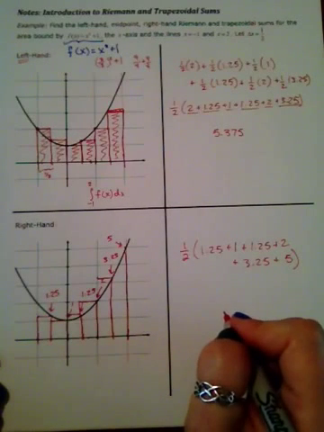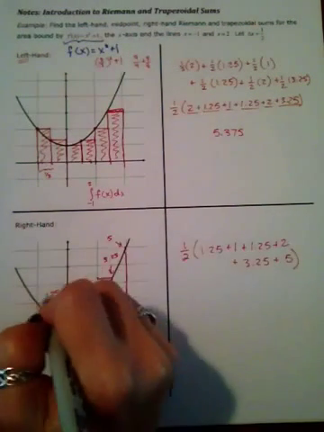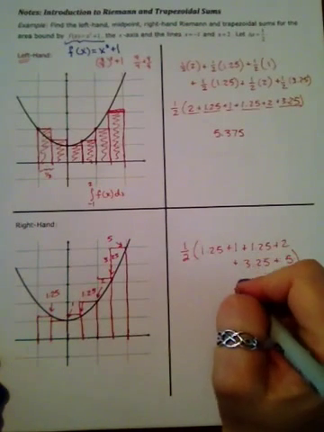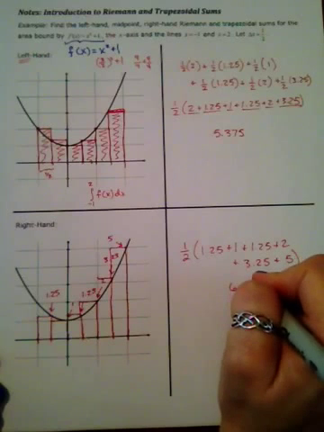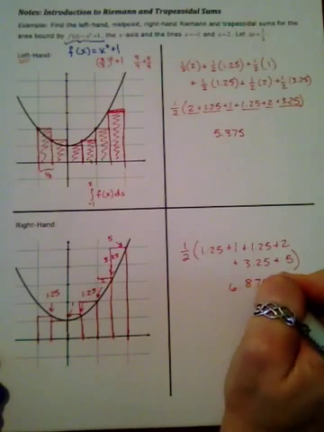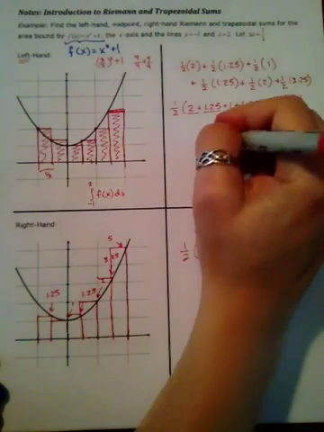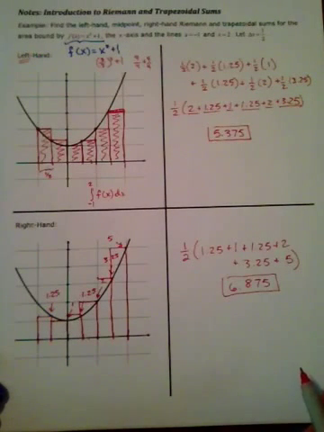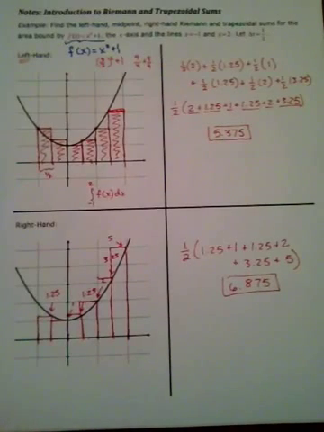When you figure out this problem, it comes out to 6.875 for that sum. You can see that it is more than the left-hand sum. Sometimes they'll be the same, sometimes they'll be different. It depends on the symmetry of the problem. So those are your left-hand and right-hand Riemann sums.